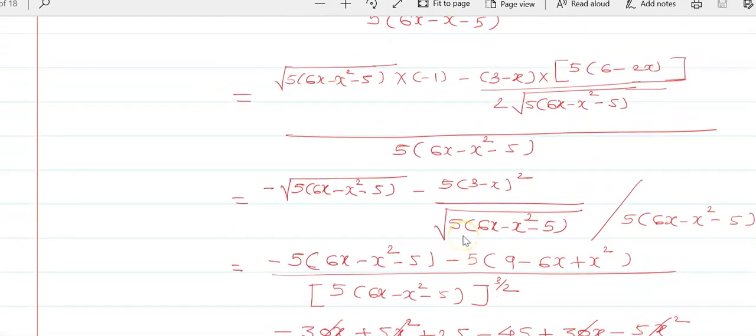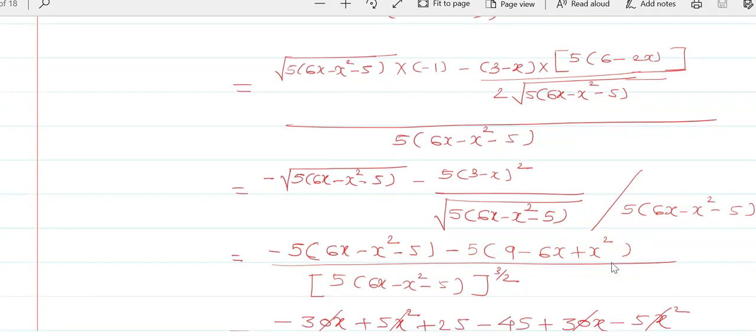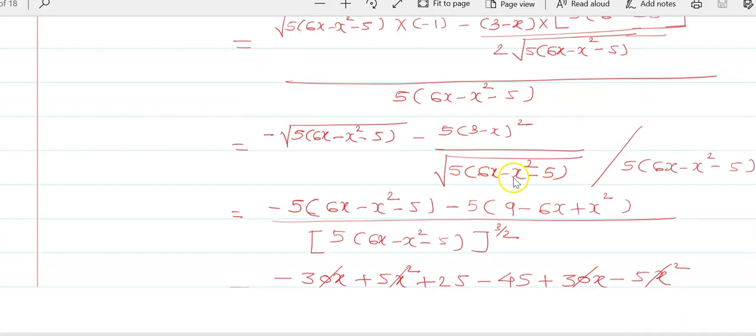And again the simplification, this is a tough simplification. Now this quantity will be multiplied here, and that's why you will get minus 5 root of 6x minus x squared minus 5, minus 5 in bracket x squared minus 6x plus x squared. And this power is 1 upon 2, and this is 1, and it makes 3 by 2.